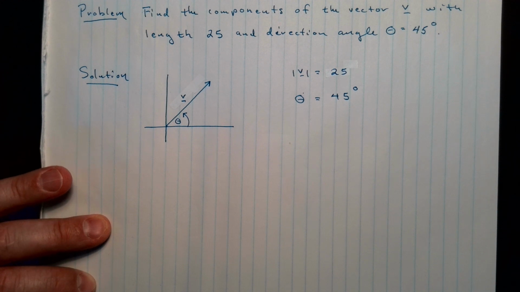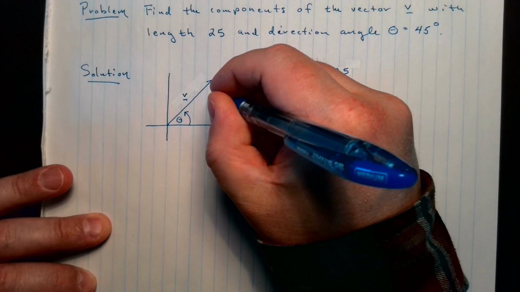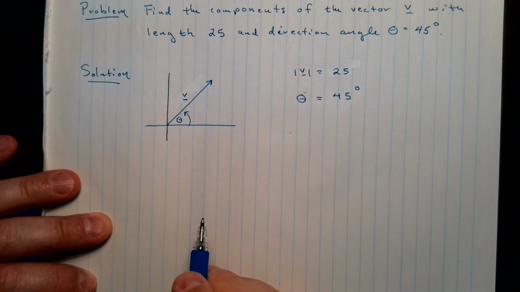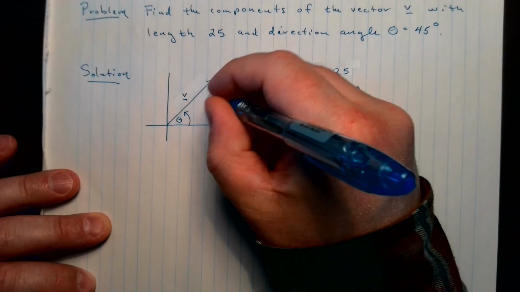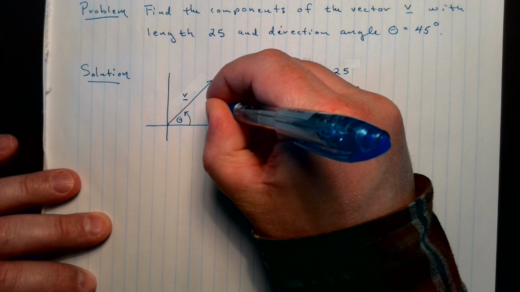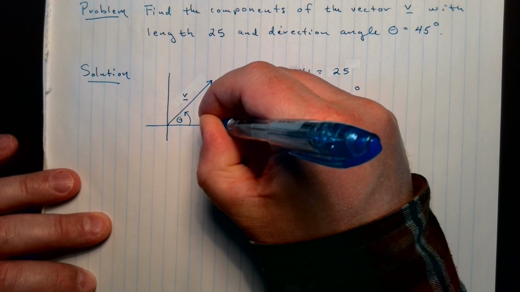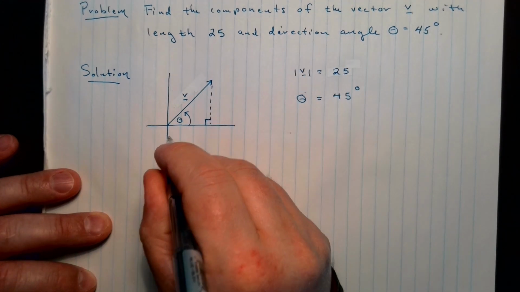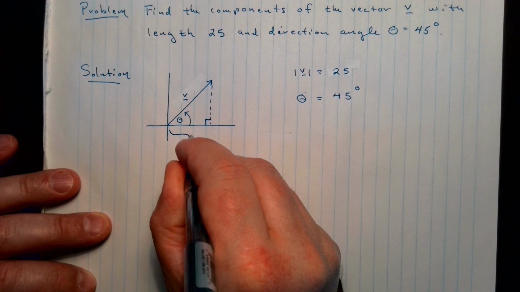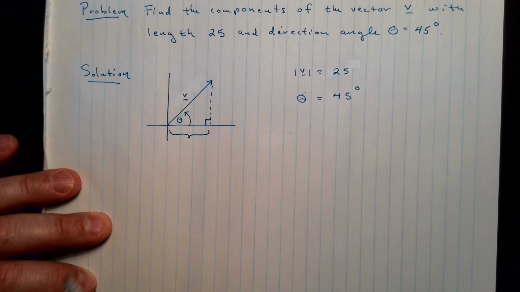So, if you remember what the formula said, that's great. But if you don't, all we really need to know is that our components are just the legs of a right triangle. So if I want to figure out what this leg here is, I'm going to call it x.